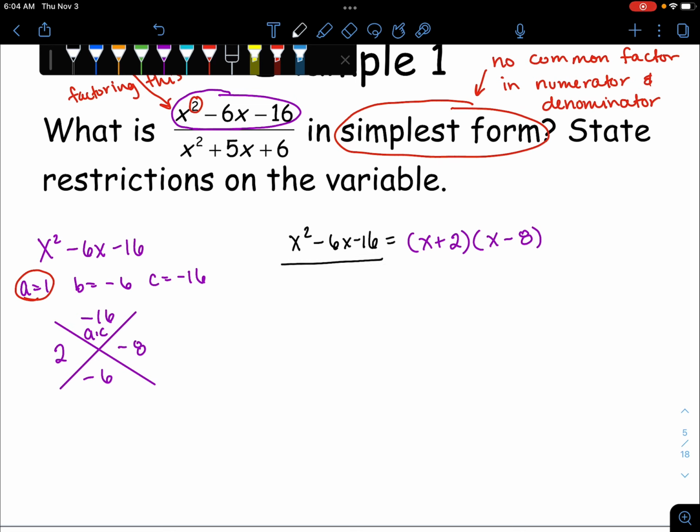Now let's do the bottom one. X squared plus 5x plus 6. So let's do that right here. On your paper, just put it below this one. Let's factor it. So my a is 1, my b is 5, my c is 6.